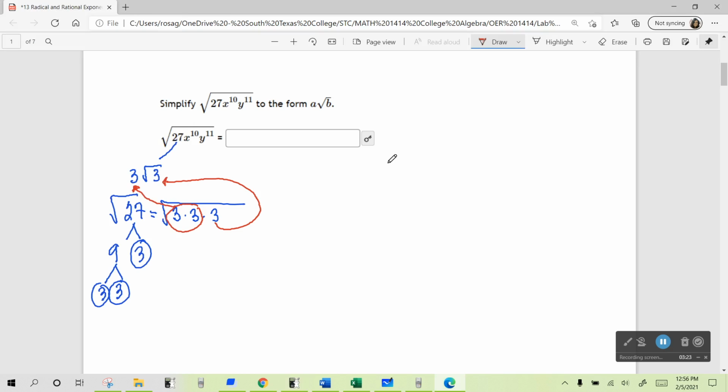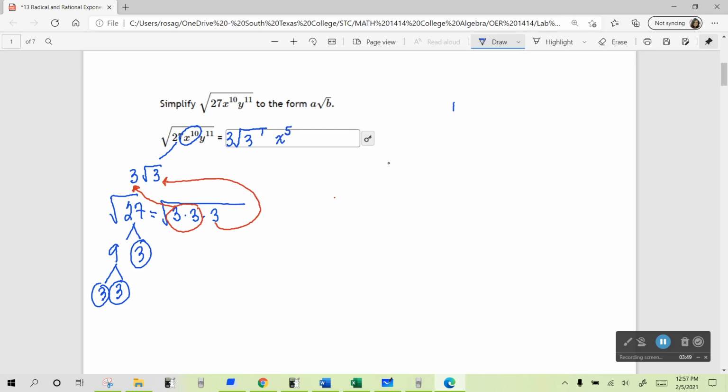And now for the letters, I told you, okay, so it's going to be 3 square root of 3. Now for the letters, you break them in half, right? So I told you to break them in half. So then this would be x to the 5th, divided by 2. Now the 11, you say, well, I can divide the 11 by 2 and get a nice number, right?